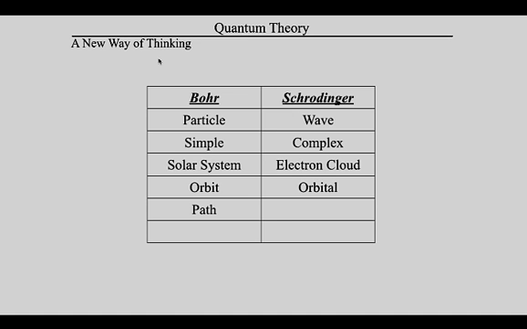If you're going to talk about an orbit, you got to talk about a path. And electrons don't travel in paths. Instead, guys, we don't think of paths. We think of probabilities. And when you think about probabilities, you think about clouds, you think about these solid structures. And that's the magic of the Schrodinger model.